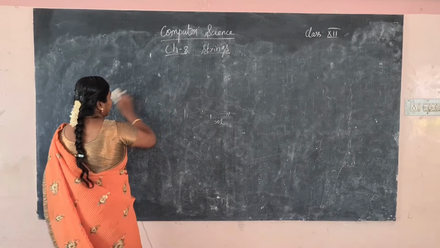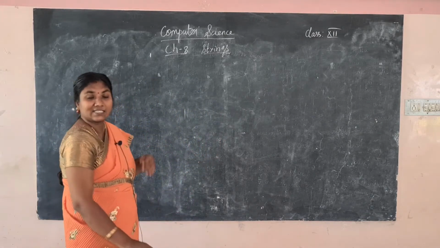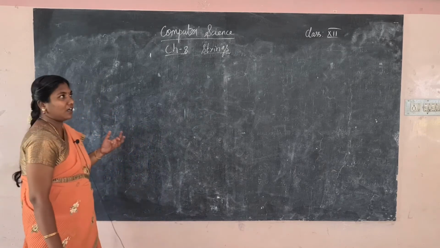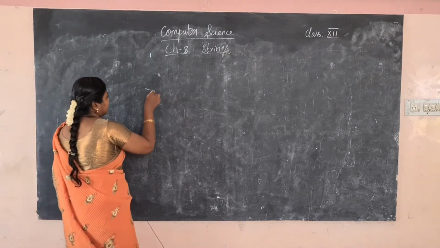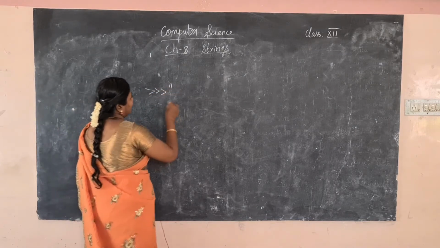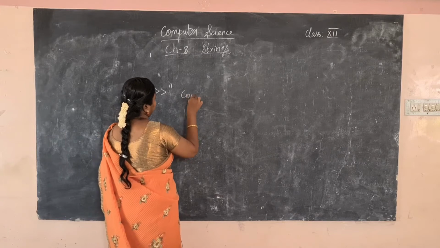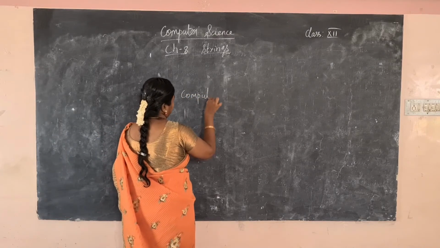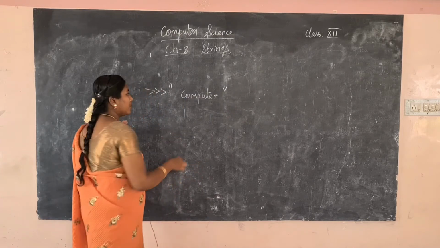At the same time, when you specify a sentence within single quotes that contains an apostrophe, it will show an error. Consider computer: if I give it within double quotes, what will be my output?